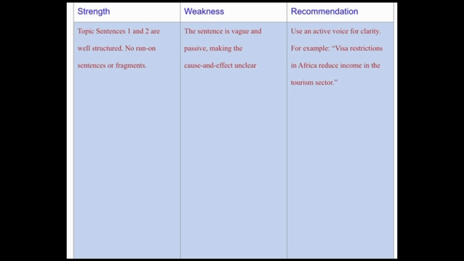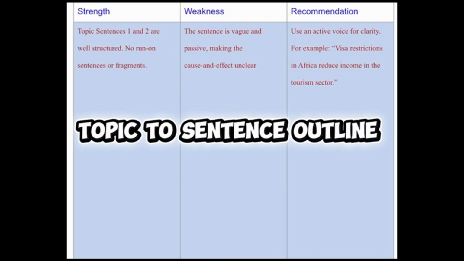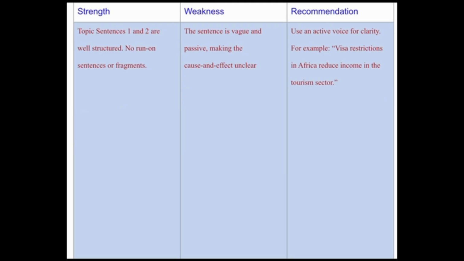Now, let's take a look at another strength and weakness as it relates to the topic to sentence outline. Strength: topic sentences 1 and 2 are well structured. No run-on sentences or fragments can be observed. Weakness: the sentence, reduction of income to the tourism sector, is an outcome of visa restrictions in Africa.